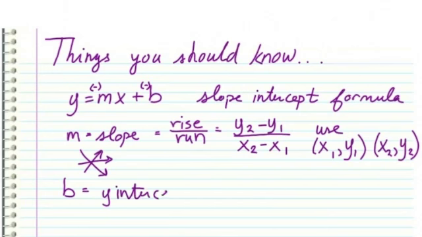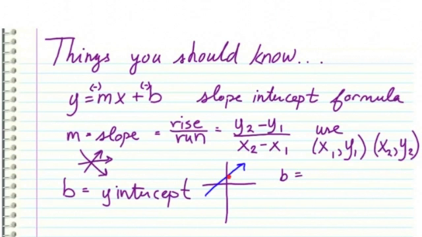The b is my y-intercept. And what that tells me is, if I have a graph, b tells me at what point my line intersects the y-axis. So that's that point right there. Okay?